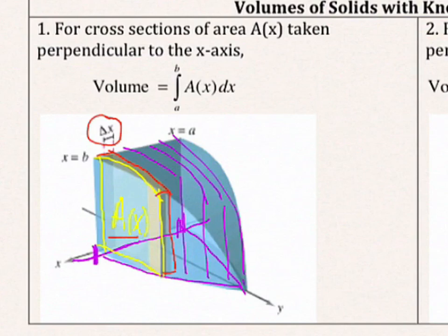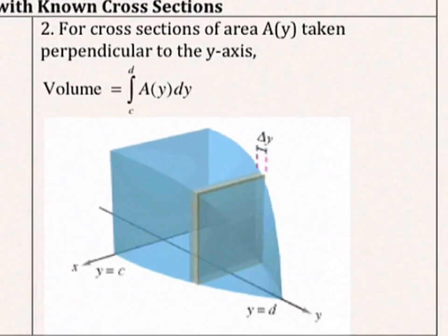So some things to note. When this is perpendicular to the x-axis, notice our area formula will be a function of x, with respect to x, and then a and b are going to be on the x-axis. So the same process for number 2.